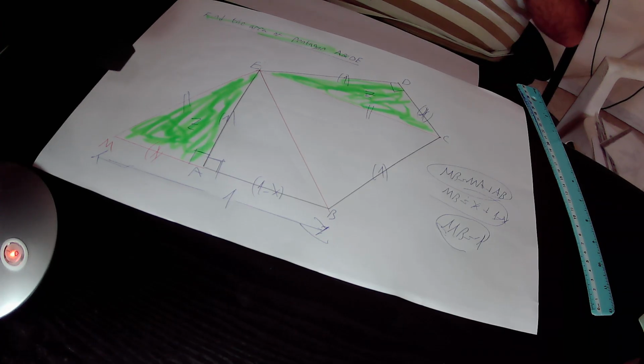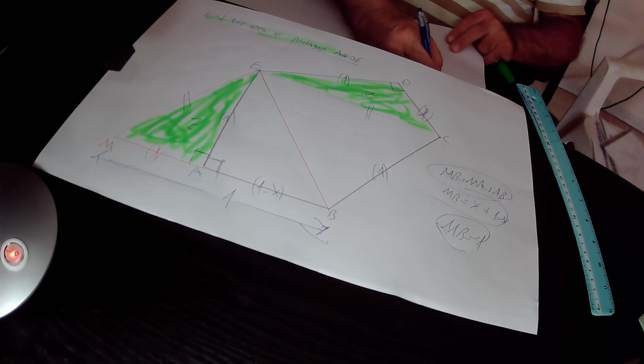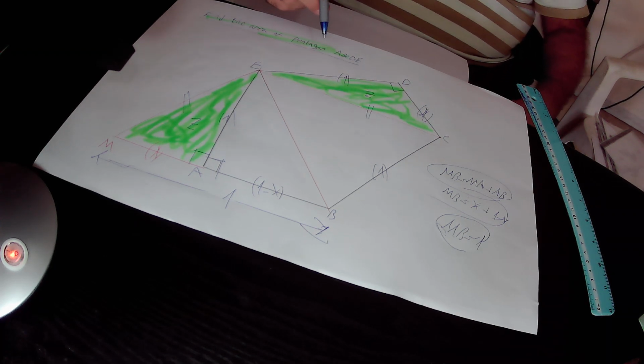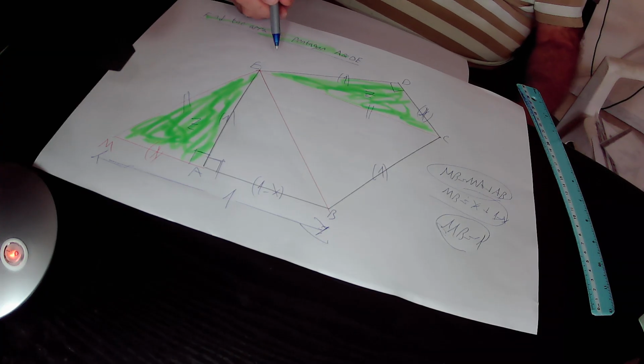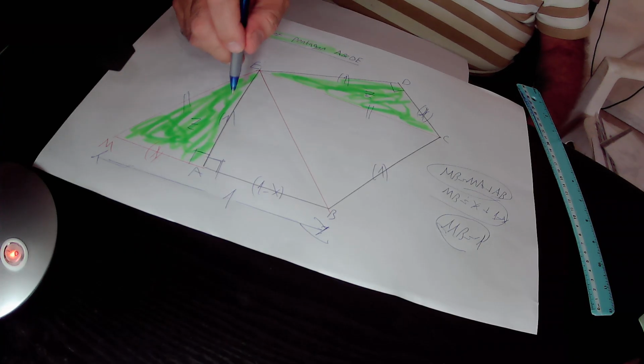The area of pentagon ABCDE in total is equal to the area of the green triangle EDC plus the area of this quadrilateral EABC.